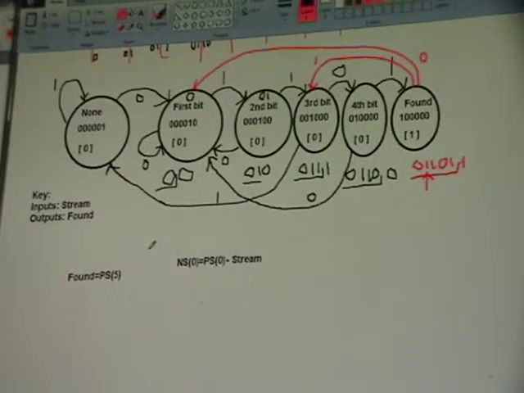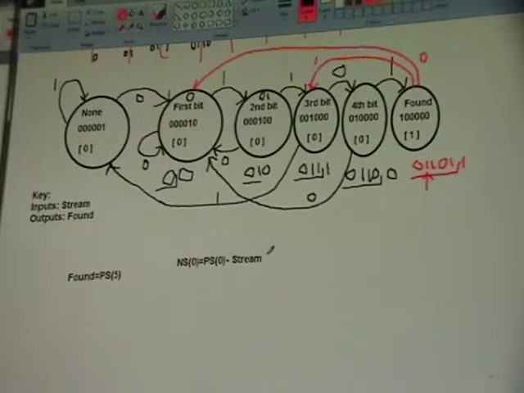Okay, so that's one value it could be. So if PS0, this first bit right here, is 1, and the input is 1 and the clock ticks, this is where this bit right here, next state 0, would become 1.